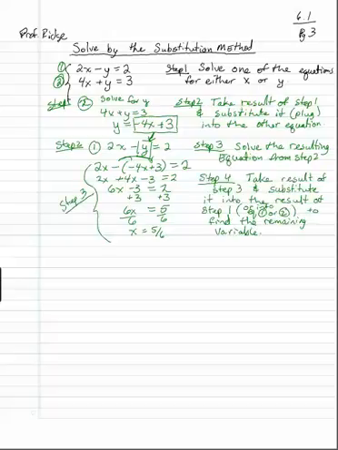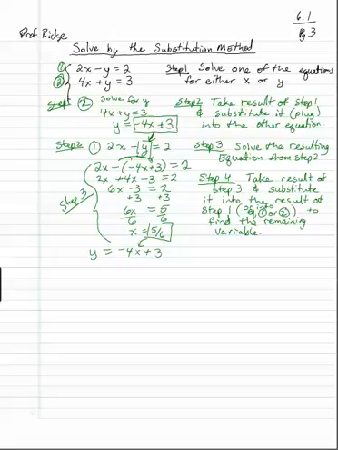So step 4 is we're going to take the result of step 3, which in this case was x equals 5/6, and you're going to substitute that into the result of step 1. So the result of step 1 was y equals negative 4x plus 3, and I'm going to take the 5/6 and plug it in for x.